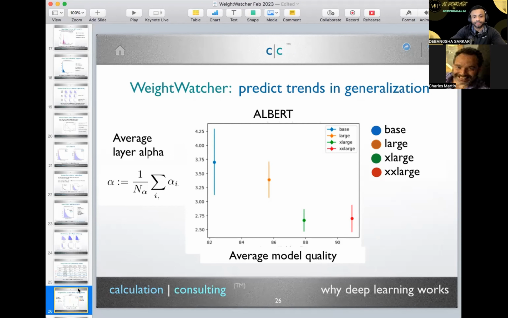Then we're going to take the average over all these layers, and plot the average alpha versus the average model quality. This is all in Hugging Face. You make a plot and you see that as alpha gets smaller, the average quality gets better. Brilliant. No, it's not perfect, right? I mean, this is the dumbest thing you could do, taking an average. So it's not perfect, but it does work.